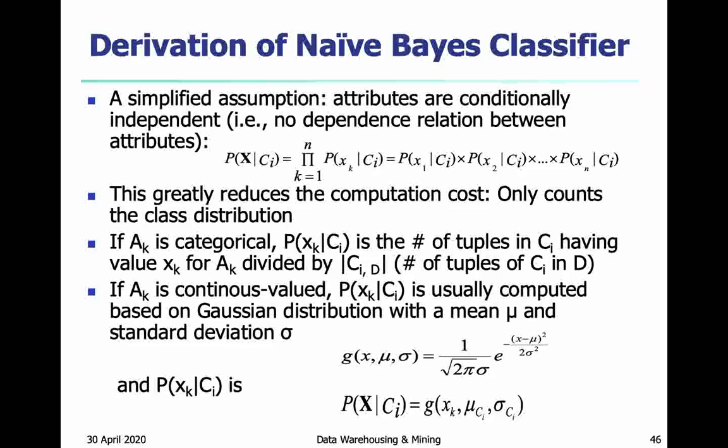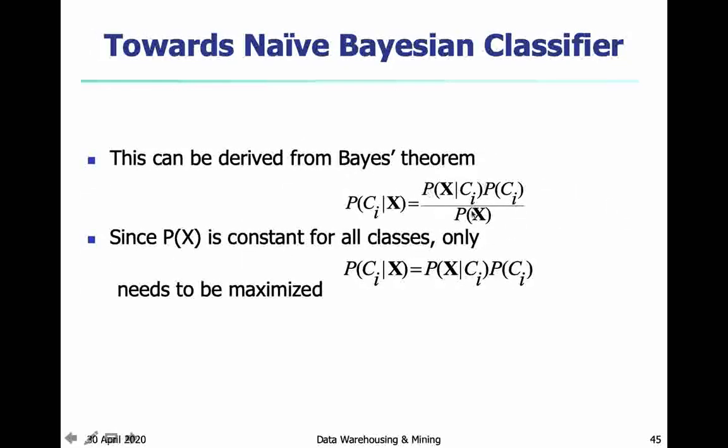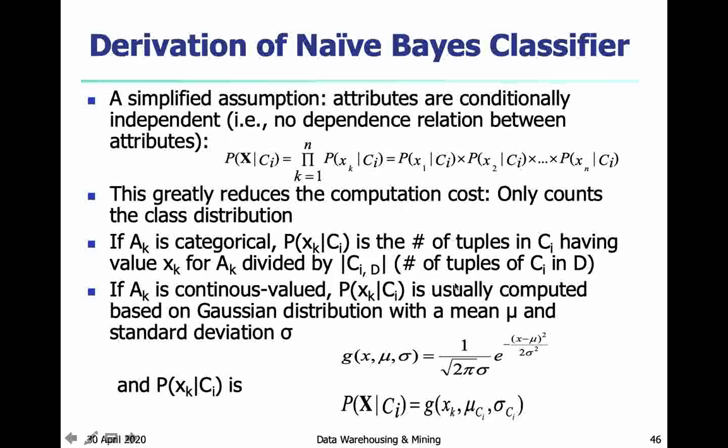So now here you need to take an assumption, because now you have to find the probability of X conditioned on Ci, since you already know the value of P(Ci). So how to find this? Here you need to take an assumption, known as the class conditional independence.